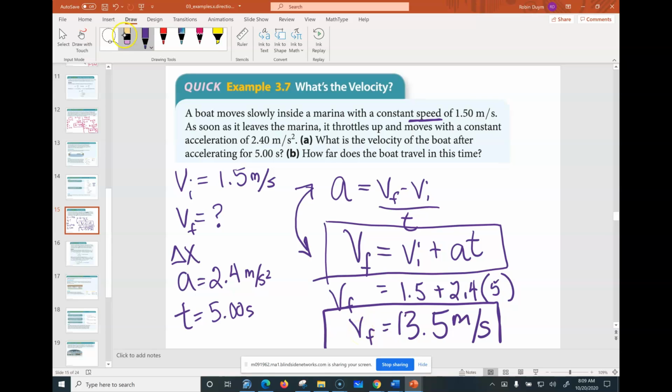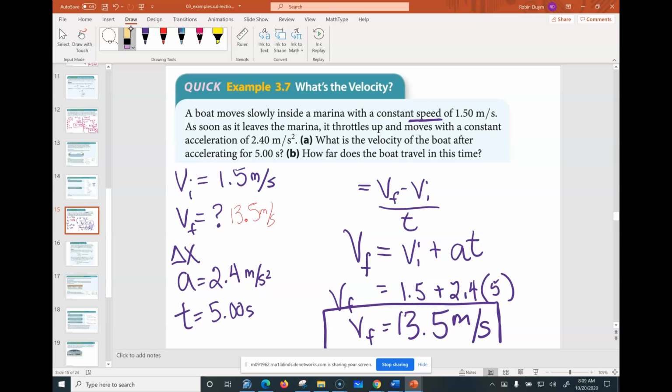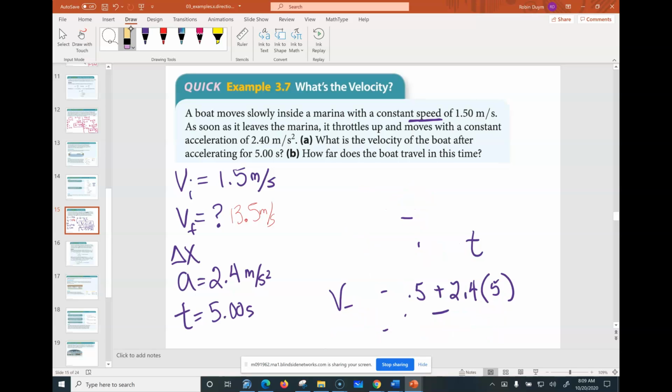I'm going to erase this stuff, but we can write in what we found here. Let me use a different color. 13.5 meters per second. Now, can you find me an equation that's going to help me find displacement, delta x? You've got everything here.